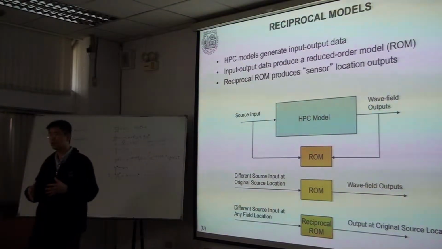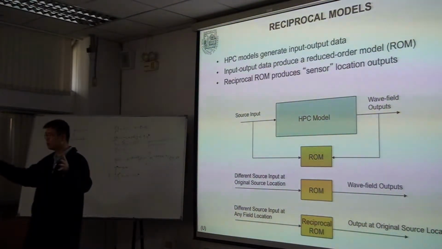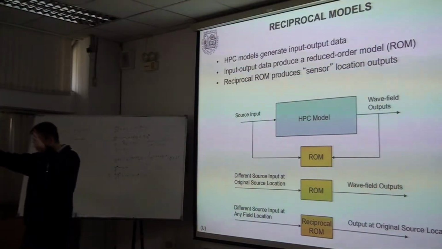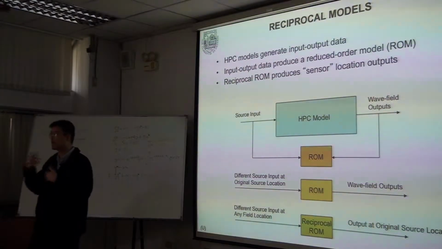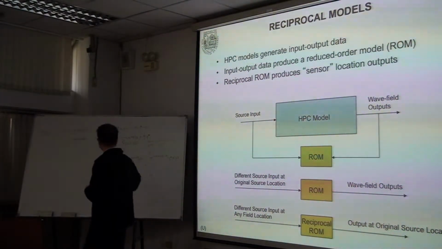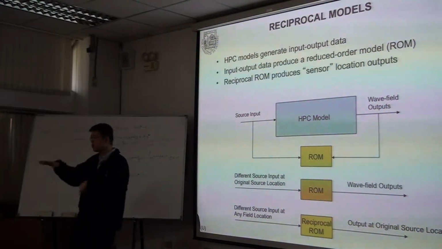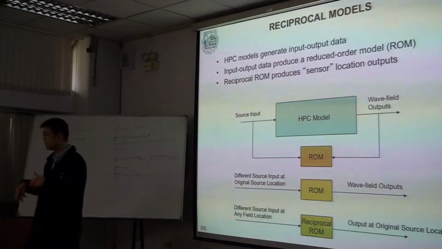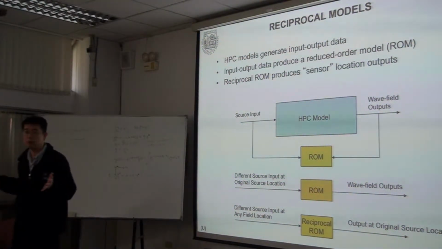So we can turn a one input, a million output model to a million input, one output model by a simple transpose operation. So in the ABC model that you've seen here, for example, you just transpose it: A becomes A transpose, B becomes C transpose, C becomes B transpose, and boom, we have the reciprocal model.